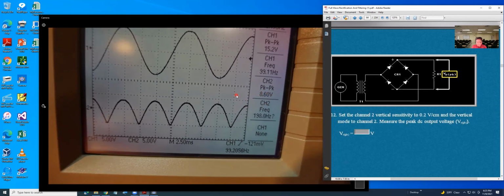I have to use the pencil right here. You see that channel 2, peak to peak, and that channel 2, frequency. Okay, I understand. That means we cannot use the cursor of the computer.